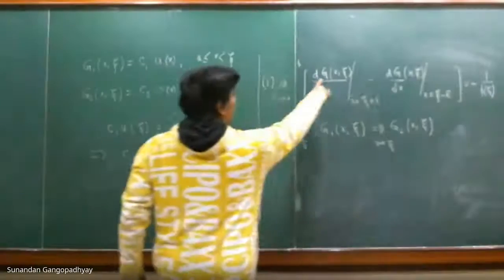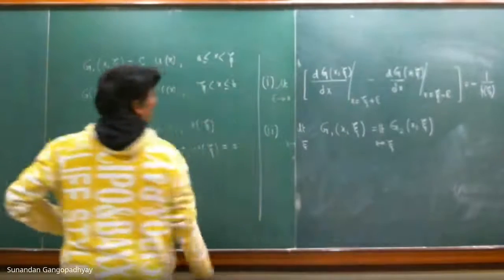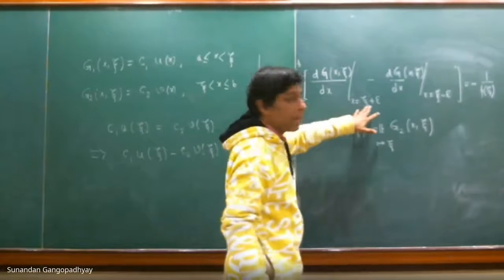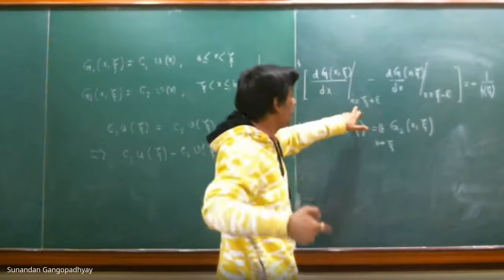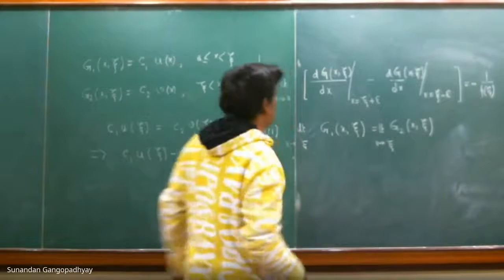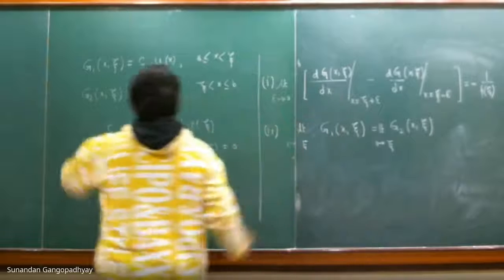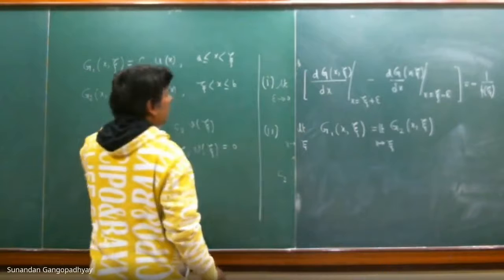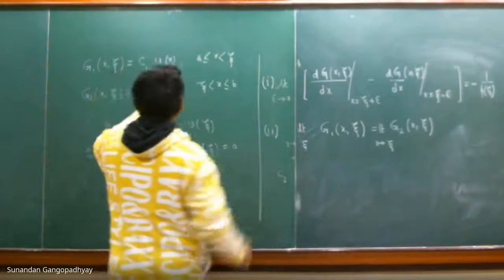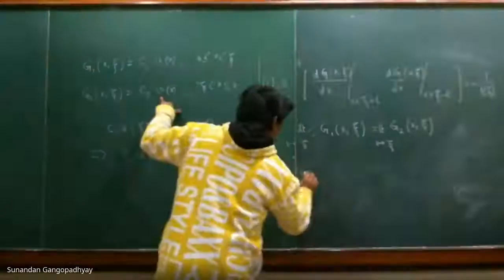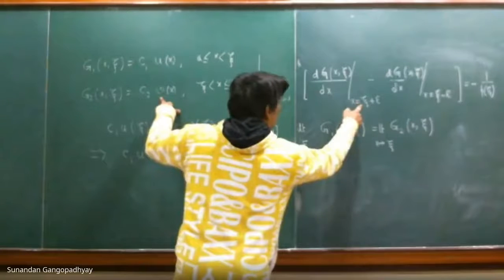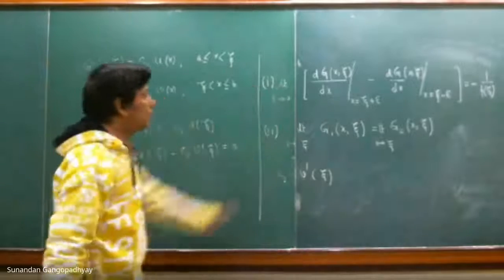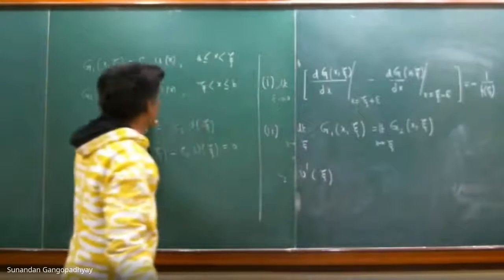Now let us take the second condition. The second condition tells us about the derivative at x is equal to xi plus epsilon, where you are approaching x is equal to xi from the right hand side. So this is g2. So this implies c2 times, if you take the derivative, v prime of x evaluated at x is equal to xi. So this will give us v prime xi, because on the right side the function is g2.